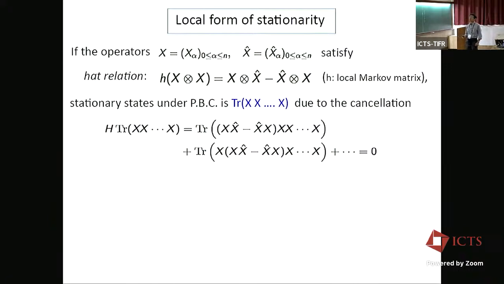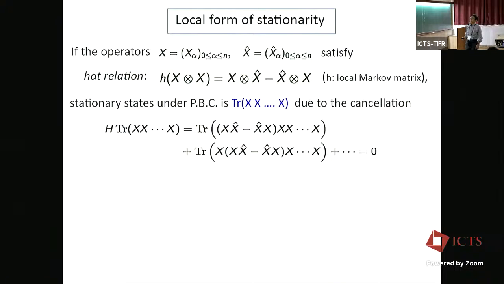And suppose that they satisfy this relation, where H is the local Markov matrix that I showed you at the beginning of my talk. And I omit all the indices here, relying on your intuition. Anyway, if this relation is satisfied, then the stationary state under the periodic boundary condition is expressed in this manner. Why?